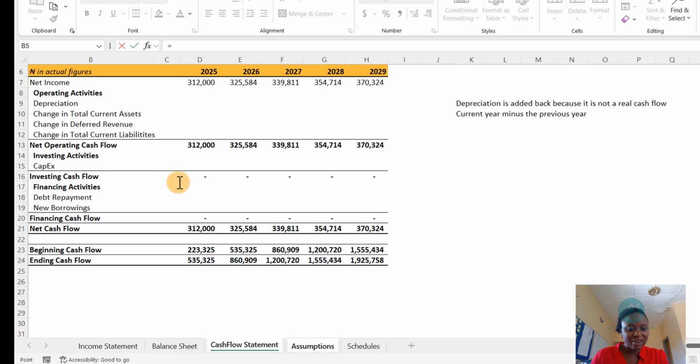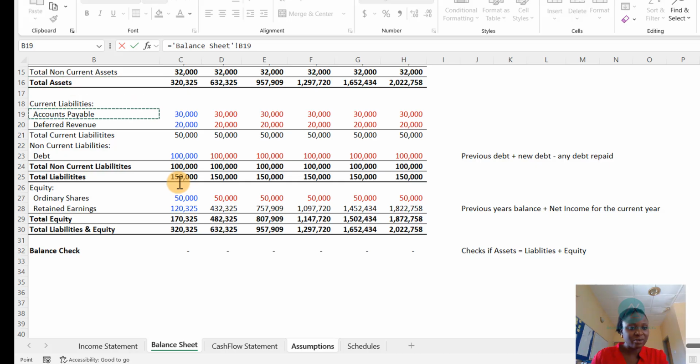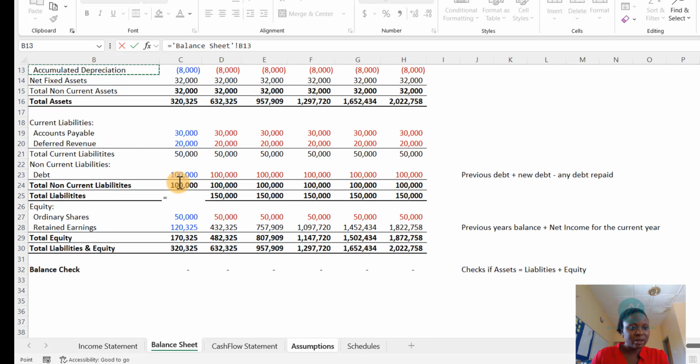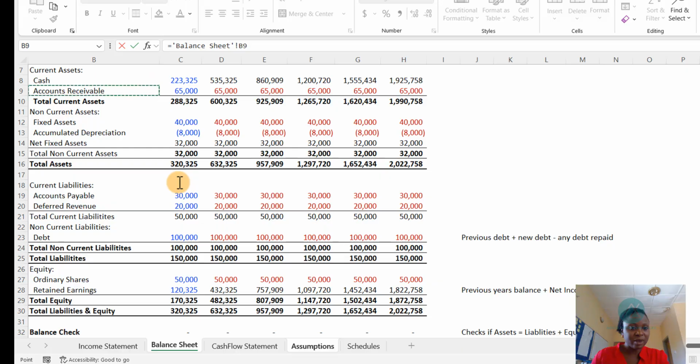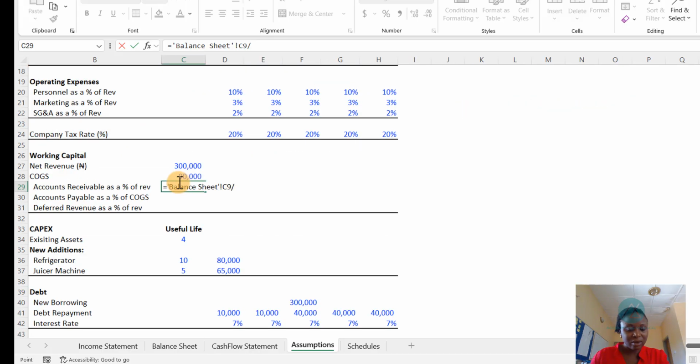So you go to your balance sheet, account receivable. Where is account receivable? Go up. So account receivable, yes. This account receivable divide by, then you come back to your assumption sheets and divide by the sales, which we have here, right?